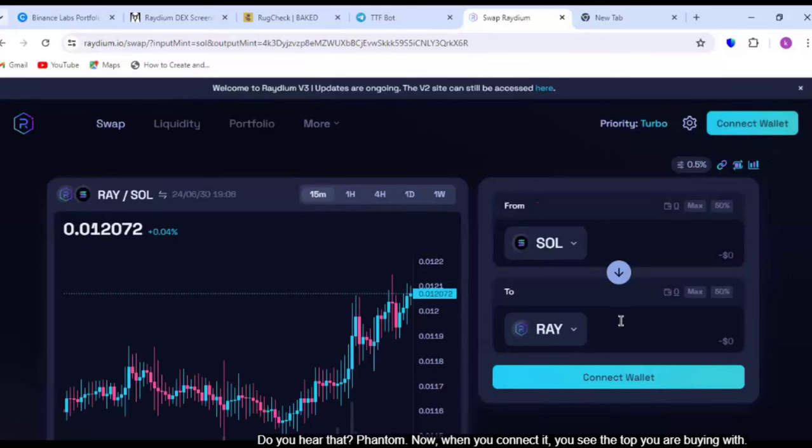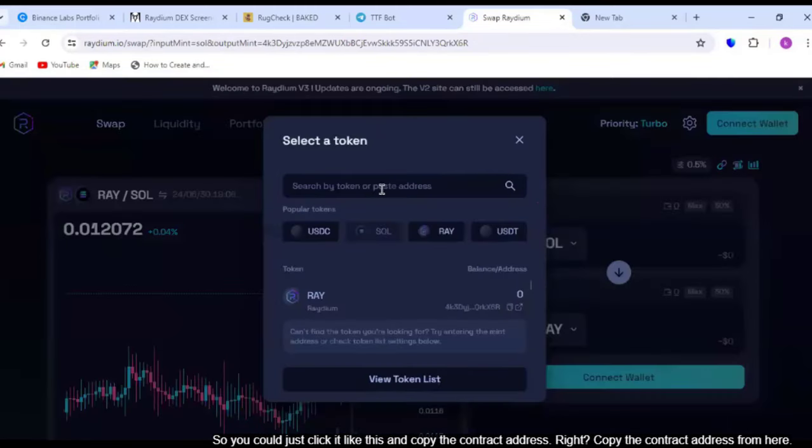Phantom. Now, when you connect it, you see at the top, you are buying with Sol, right? So you must have Solana in your wallet. Here is the token that you want to buy, right? So you could just click it like this and copy the contract address.